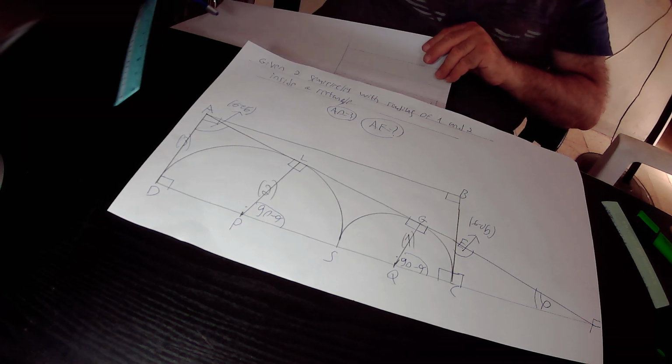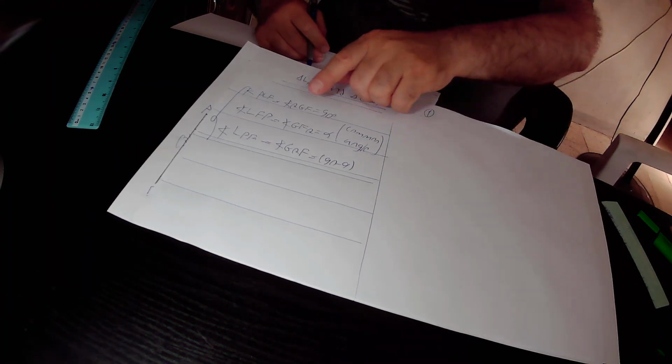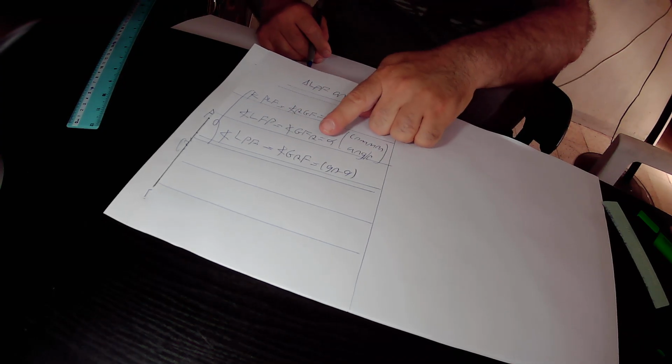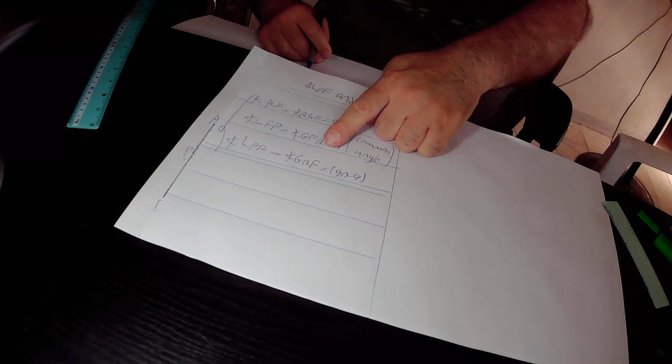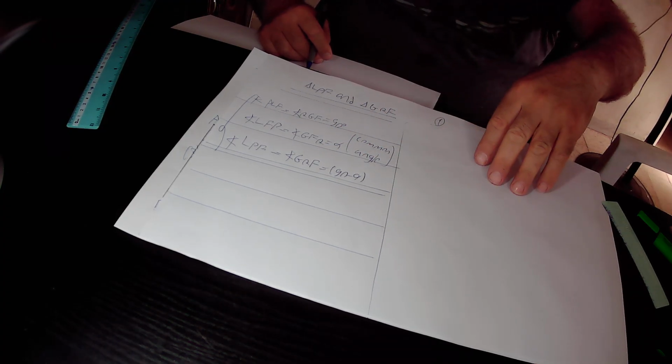So to repeat again, we found out that angle LPF in the big right triangle PLF equals angle GQF in the small right triangle FGQ. They are both equal to 90 degrees minus alpha, therefore they are equal to each other.